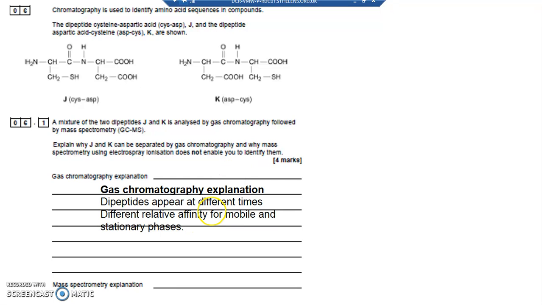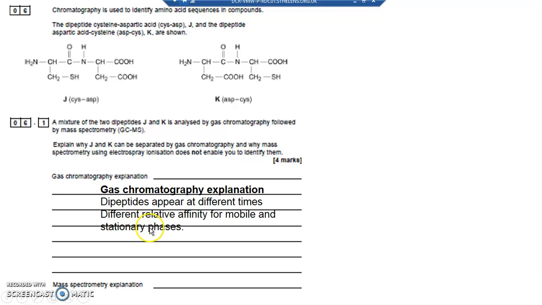is that in gas chromatography, the dipeptides, so the two peptides, J and K, will appear at different times. They'll appear at different times depending on their affinity, that means how much they stick, for the mobile and stationary phases.